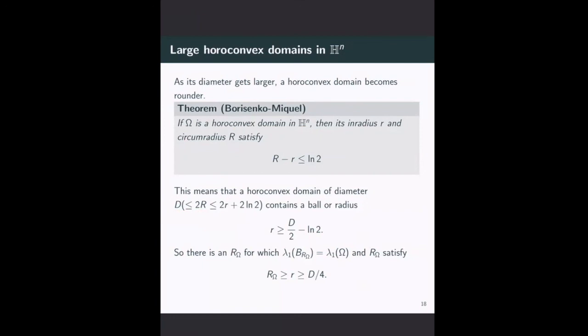And when d is greater than some constant, this quantity is certainly bigger than d over 4. So if you have a horoconvex domain of diameter d, it will contain a ball of radius at least d over 4. At least that's what we do to compare.